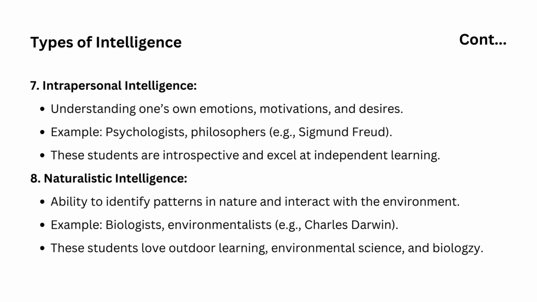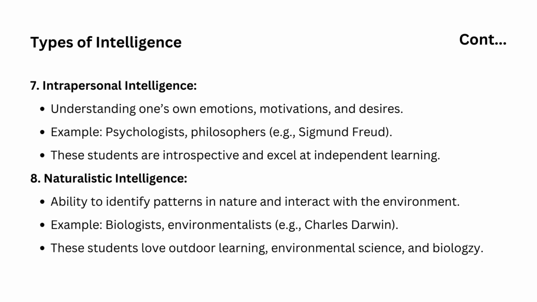of high naturalistic intelligence. Students with this type of intelligence often thrive in nature-based activities like biology, environmental science, or outdoor projects. They are typically interested in ecosystems, animals, and conservation efforts.